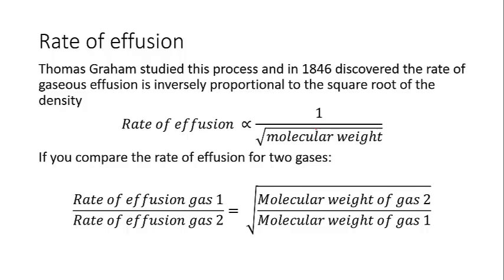In other words, the rate of effusion of a gas is inversely proportional to the square root of its molecular weight. So the rate of effusion is equal to 1 over the square root of the molecular weight of that gas.